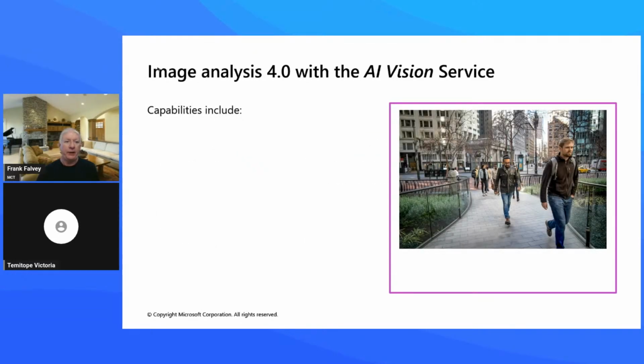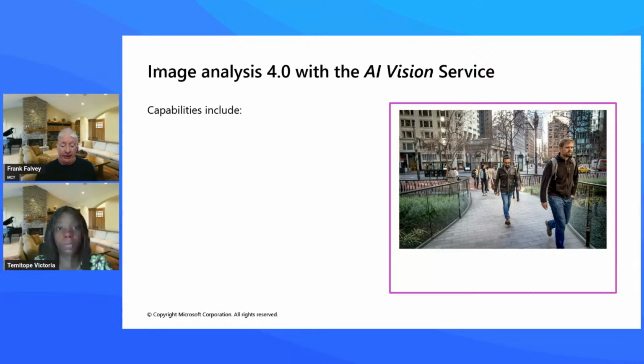So the Image Analysis 4.0 that I just spoke about, the Azure AI Vision Image Analysis service, can extract a wide variety of visual features from your images. For example, it can determine whether an image contains adult content, find specific brands or objects, or find human faces.